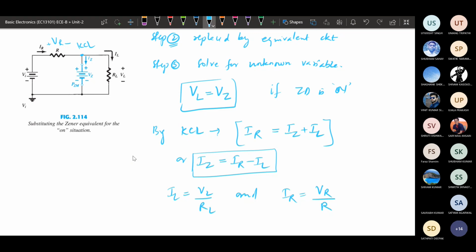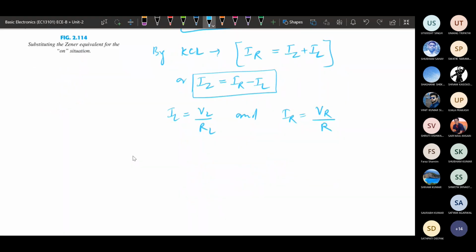Now if we want to find out the power dissipation across this Zener diode, it will be given by PZ, and this PZ will be equal to Vz multiplied by IZ. That is the current flowing through this Zener diode and the voltage across it, which is constant, Vz.